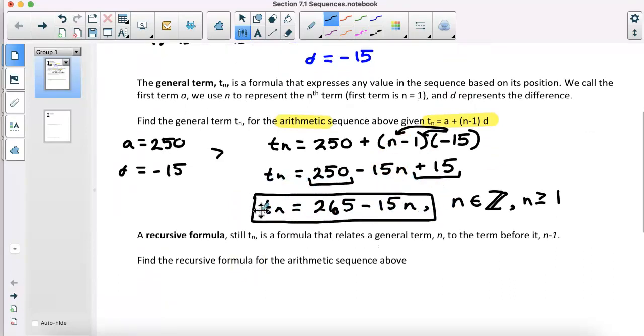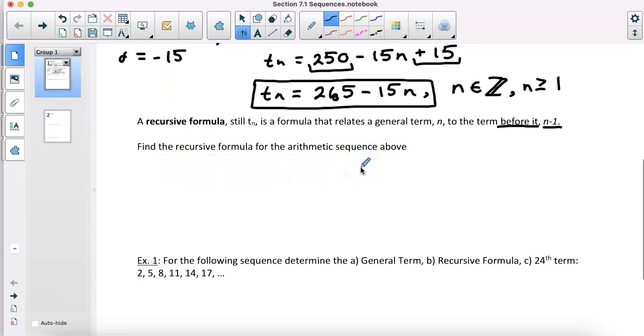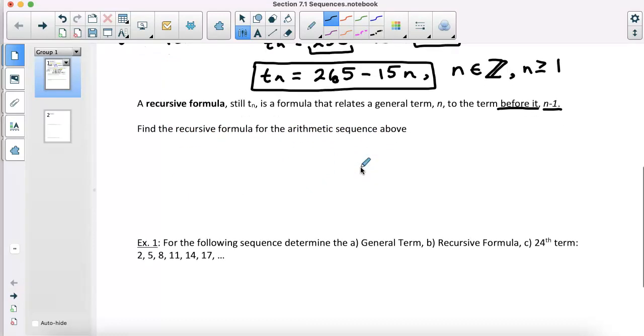Okay, so a recursive formula still has Tn involved in it, but it's a formula that relates the general term n to the term that is before it, so n minus 1. So we want to find the recursive formula for the arithmetic sequence above. So let's see what we have here.